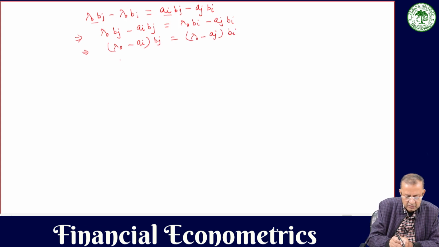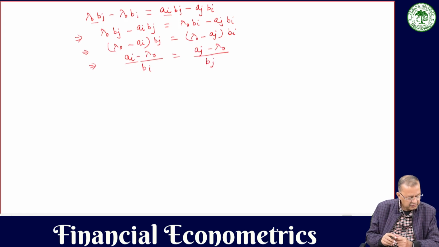So again we can write down AI minus lambda 0 upon BI, which is equal to AJ minus lambda 0 upon BJ. Okay?